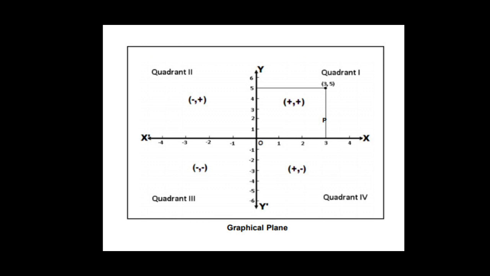And in quadrant fourth, x is positive whereas y is negative. Since most of the business data are positive, so quadrant first is most frequently used, where we can show the positive values of both x and y.